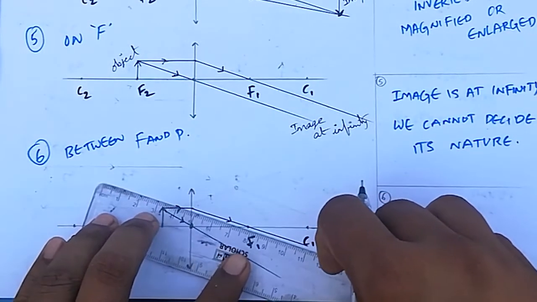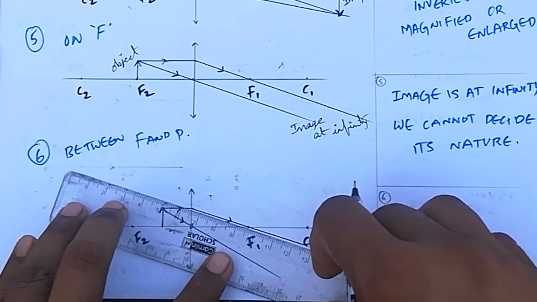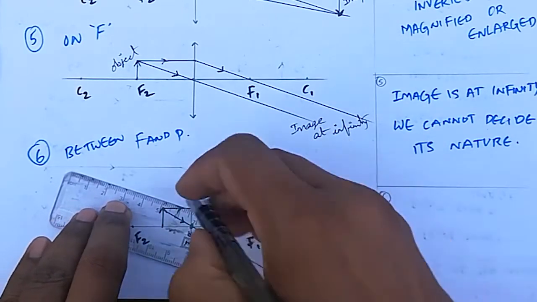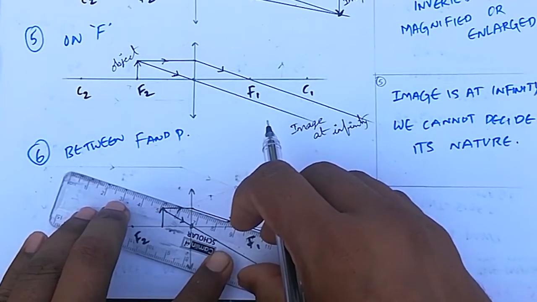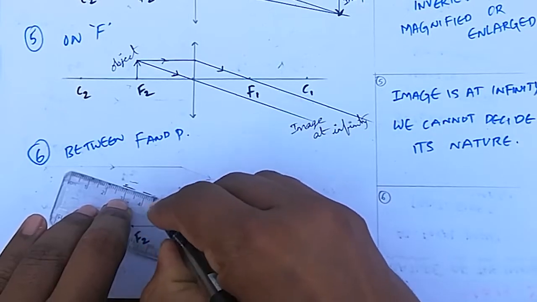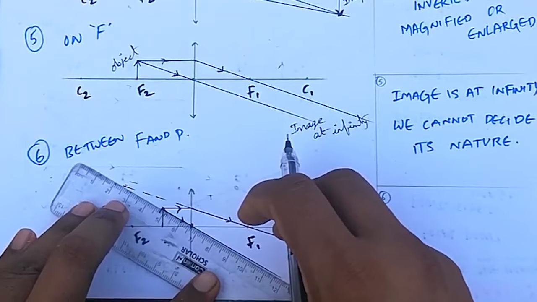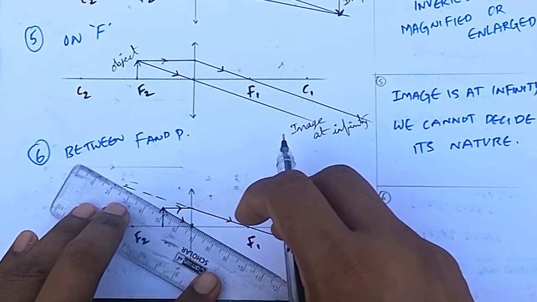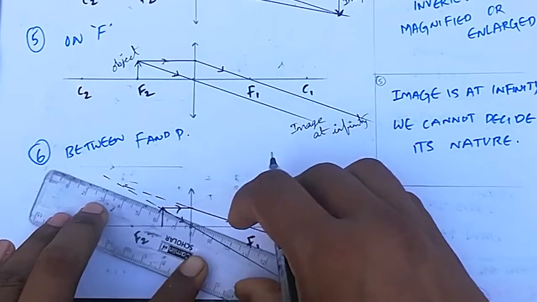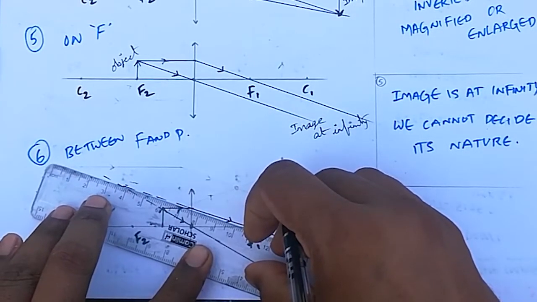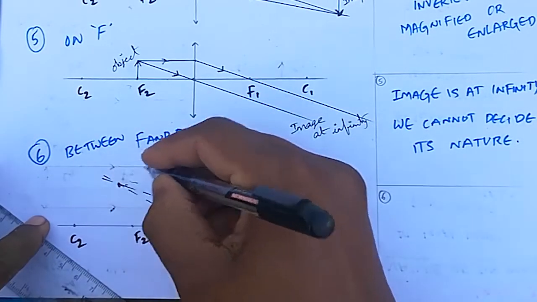What we do is extend this backwards, like in reflection, and draw it with dotted lines. Here this ray also we extend with dotted lines. Where these two meet, there we get the image formation.